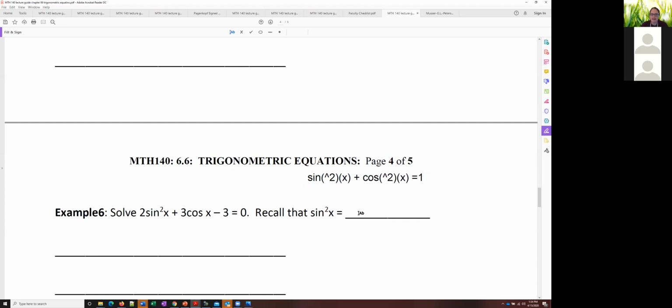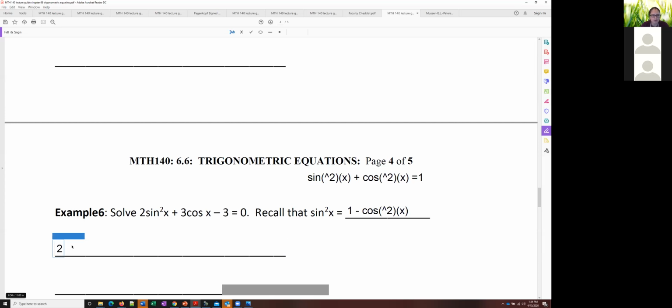So that means sine squared is equal to 1 minus cosine squared. Makes sense so far? So I'm going to replace this sine squared by 1 minus cosine squared.